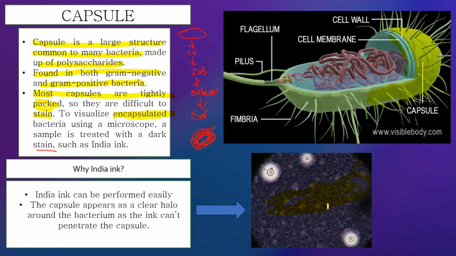In dark field microscopy, the background is dark and we apply light to the sample. Dark field means what? Field means large area. So the large area, that is the background, is dark in color, and the sample is light.